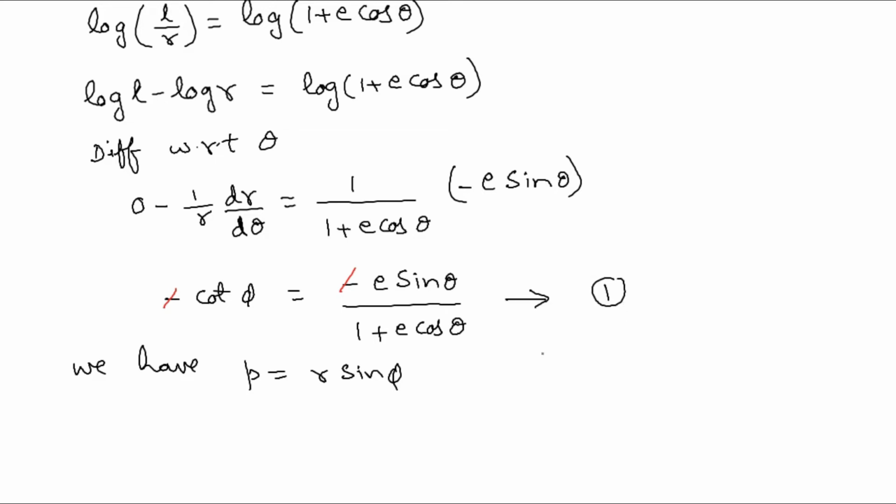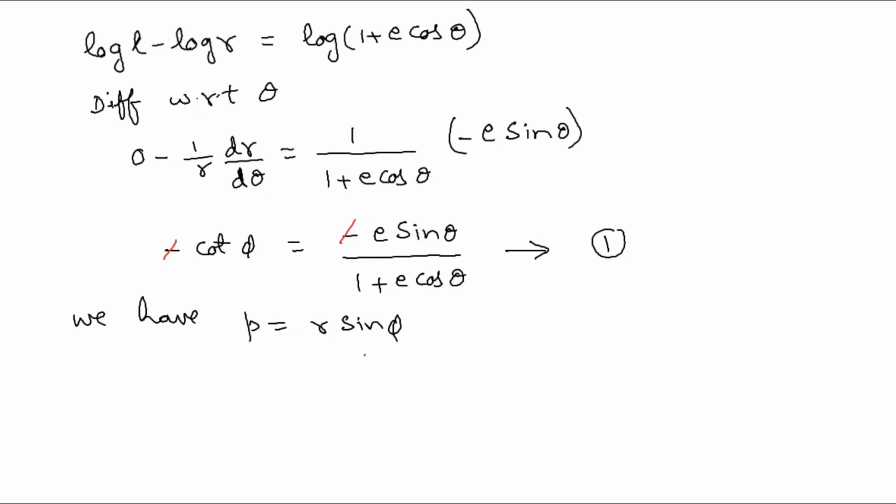Since I need to express this sine in the form of cot, first I'll square on both the sides. So squaring on both the sides, we'll get the value of p square equal to r square sine square of phi.